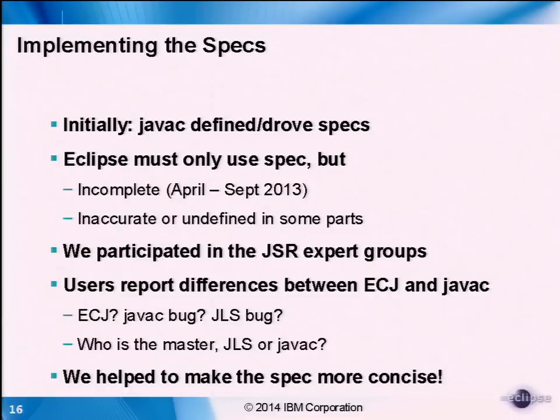And I think in the end we have quite a good specification, and it really helped that we have 2 compiler implementations. If we only had one, then the result would not be as good as what you now have, may it be from the Eclipse compiler or from Oracle's javac. Javac also could fix a lot of bugs because we participated in this effort, so that was really great.